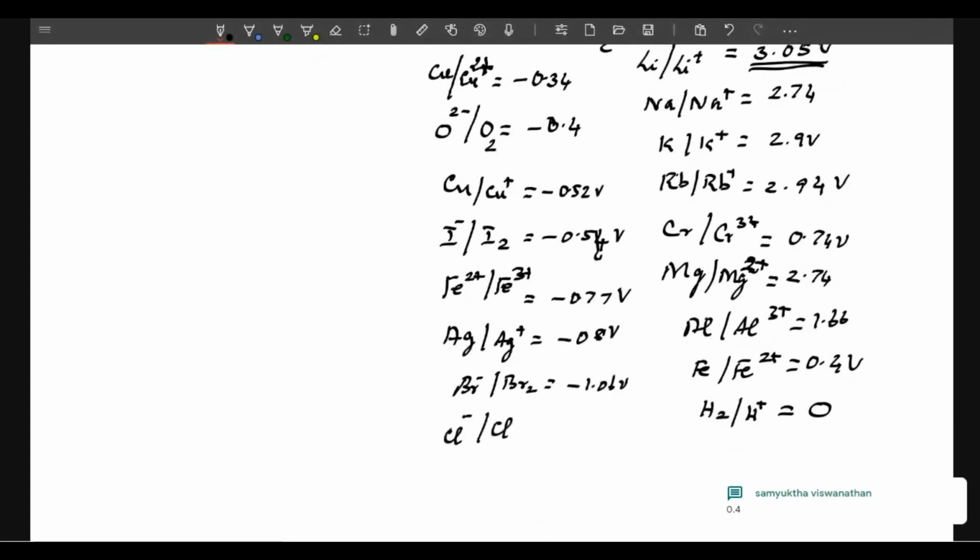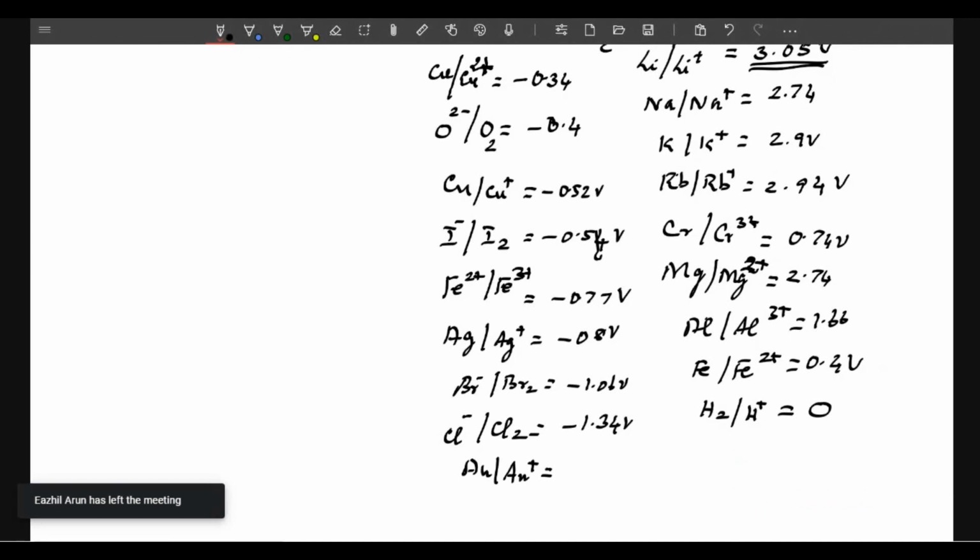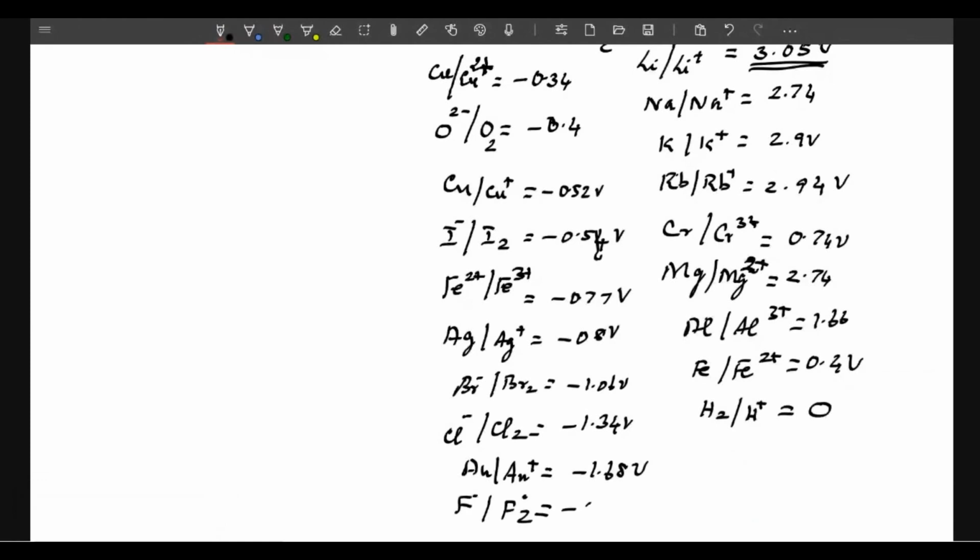Chloride and chlorine, all of them are oxidation potentials, make a note of it, minus 1.34 volt. Gold and gold plus, minus 1.68 volt. Then fluoride and fluorine, minus 2.86 volt.